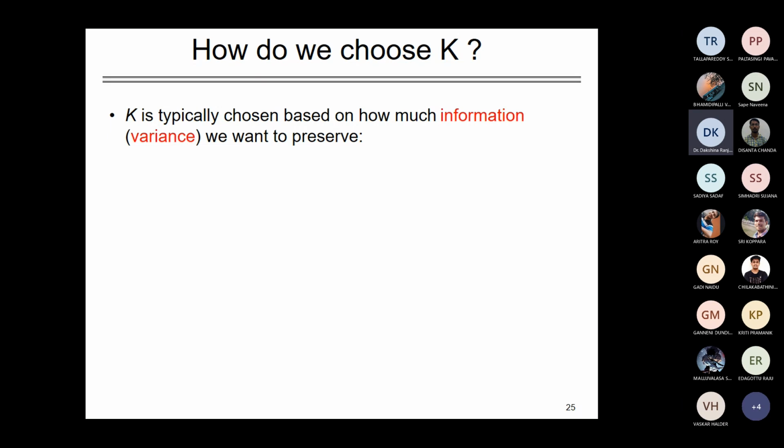Otherwise, we can choose all n eigenvectors, all principal components, but this will not give us the reduced dimension, since our principal objective is to get the reduced set of features. Therefore, we have to choose k carefully so that we get the maximum variance along those k principal components.